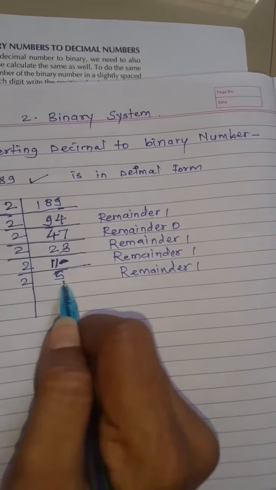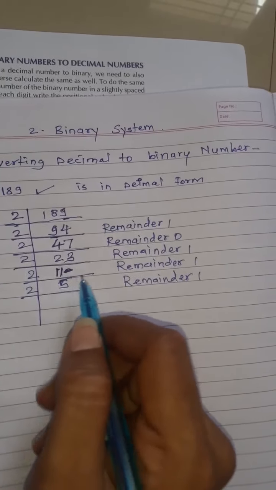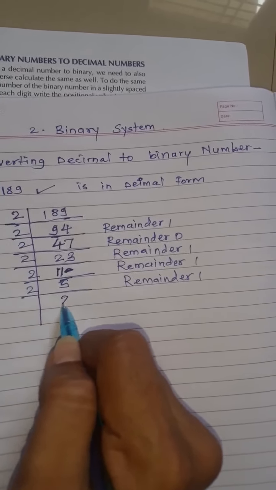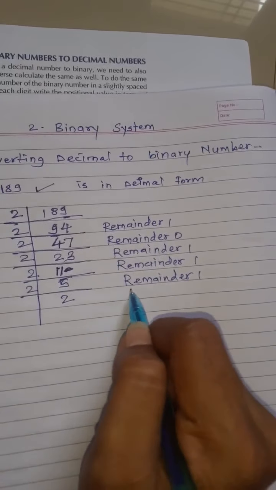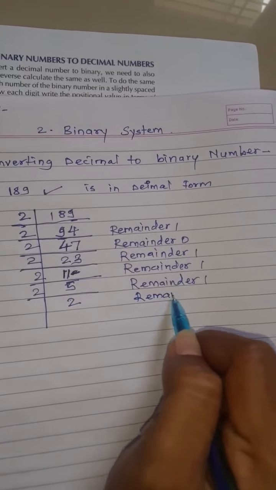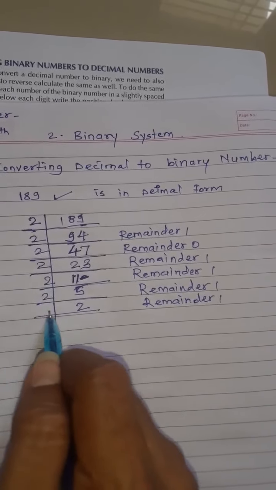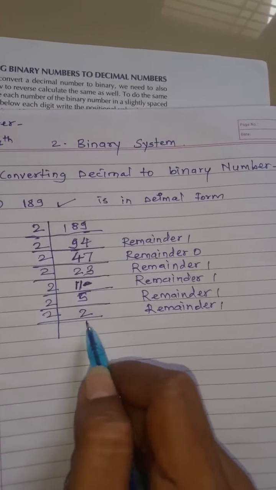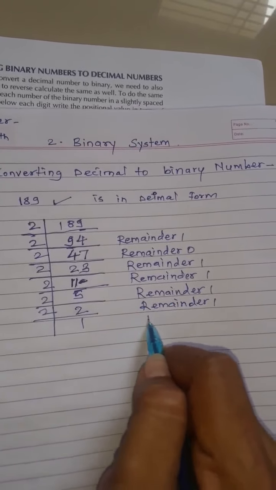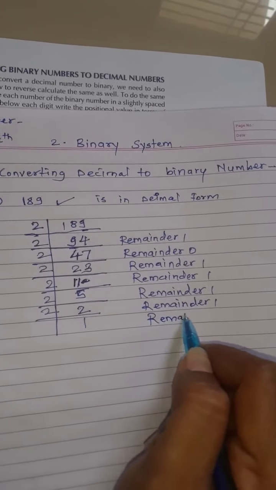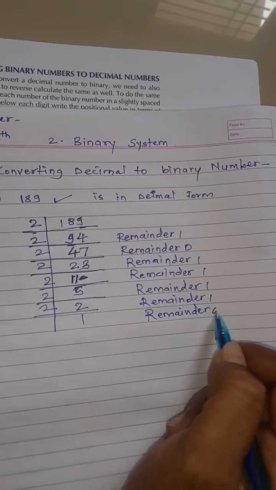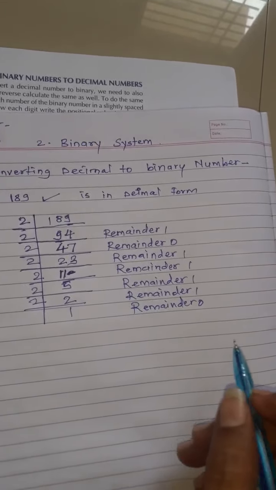Again this 5 is divided by 2. 2 2s are 4. Remainder 1. Again 2 1s are 2. Remainder 0. So in this way.